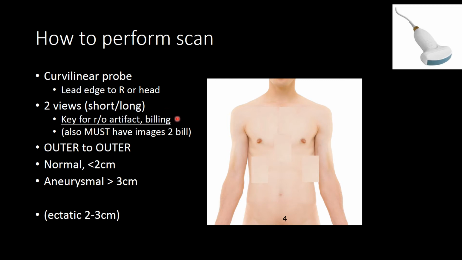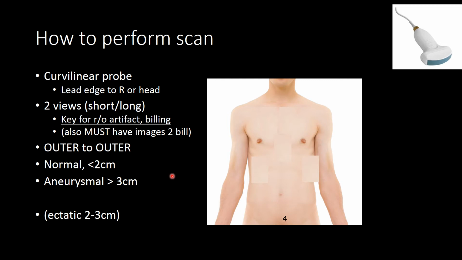This is important to distinguish different artifacts that you may see, as well as, frankly, if you're billing for this, you must have saved two images. You're going to want to measure from outer to outer, and your normal size of an aorta should be roughly less than 2 centimeters. Anything that is greater than 3 centimeters is considered aneurysmal, and anything between 2 to 3 is considered ectatic.